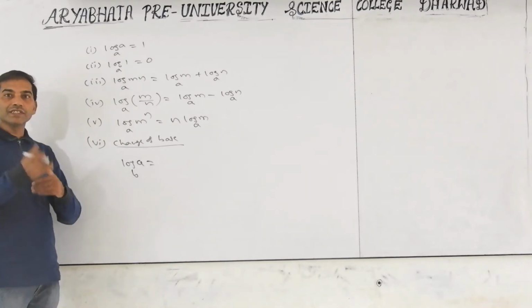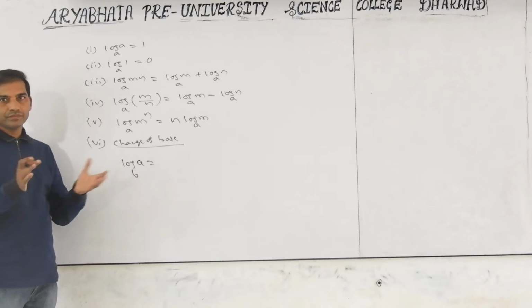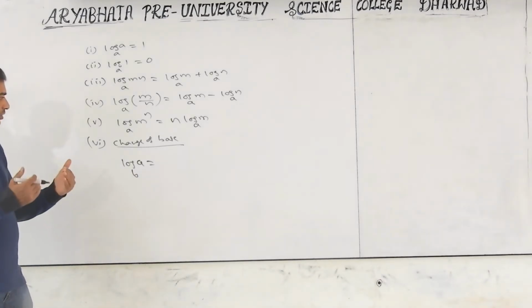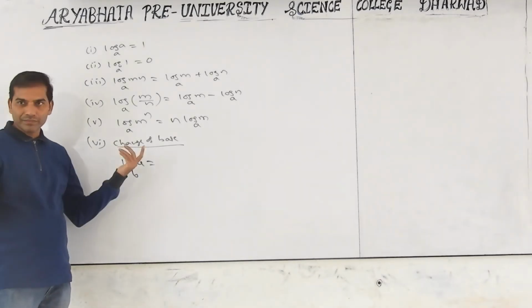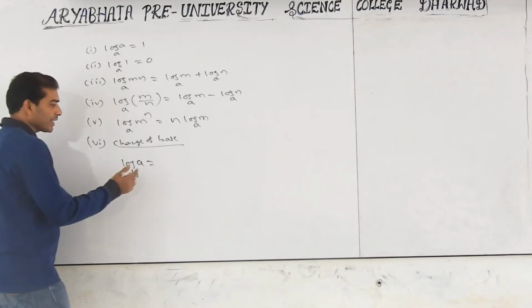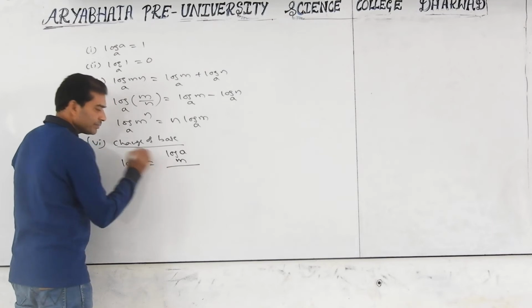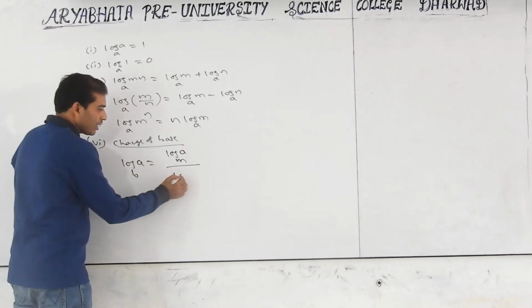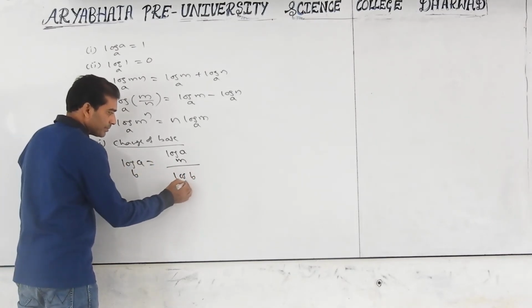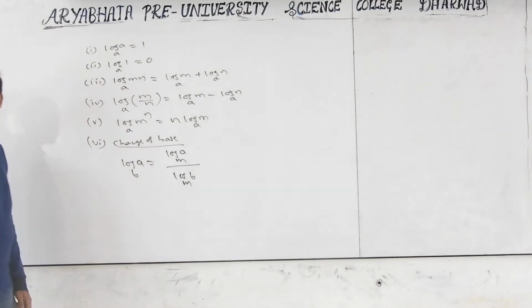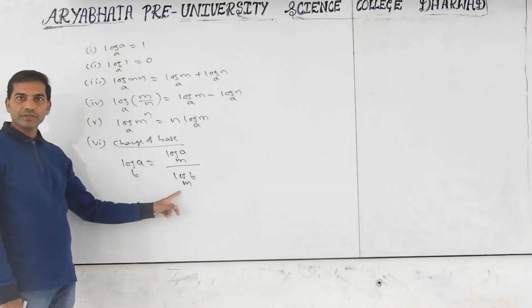Now I want to change the base to m. Then we can express it as log of a base m by log of b base m. This is called change of base.